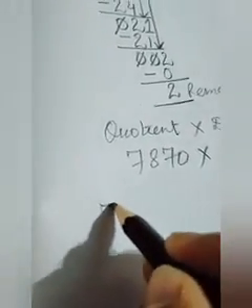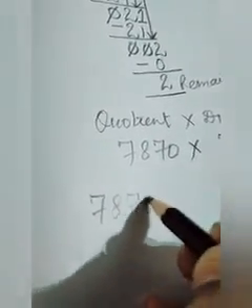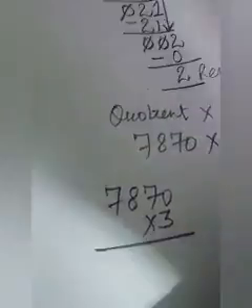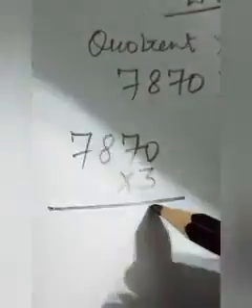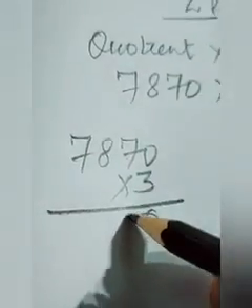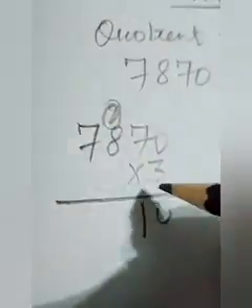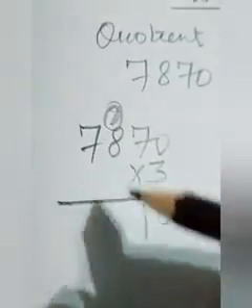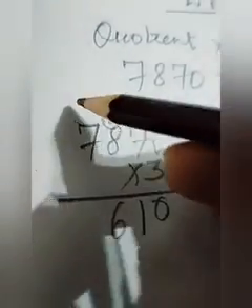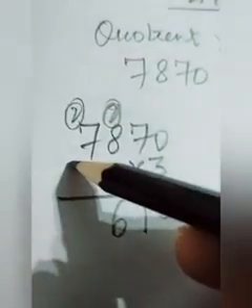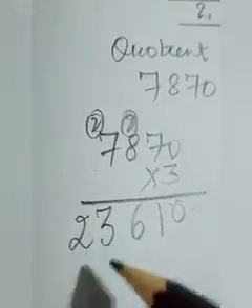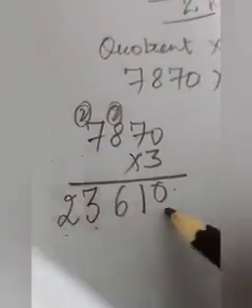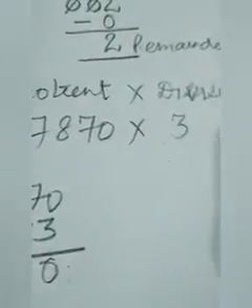We will do multiplication. 7870 multiplied by 3. What we will get? 3 zeros the 0, 3 sevens the 21, 2 carry, 3 eights the 24 and 2 26, again 2 carry, 3 sevens the 21 and 2 23. We got 23,610.